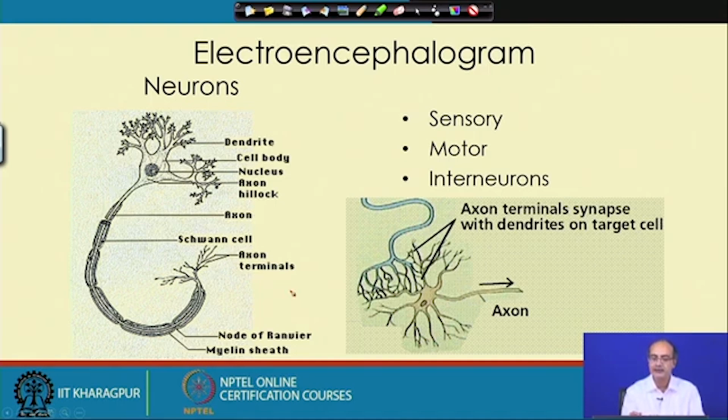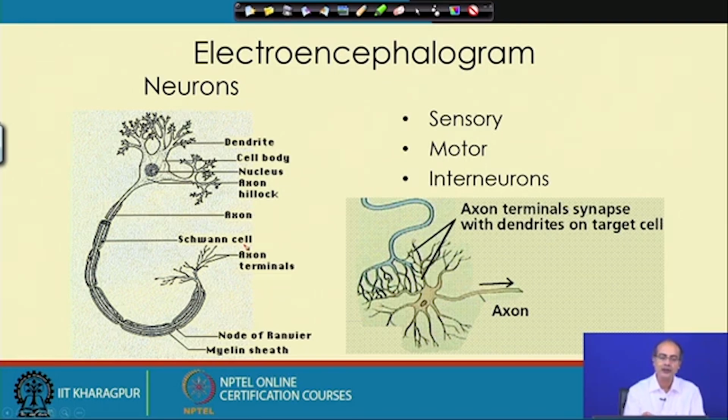The first class is the sensory neuron. Sensory neurons have their dendrites connected to our sense organs. For example, through the skin we get the sensation of touch.